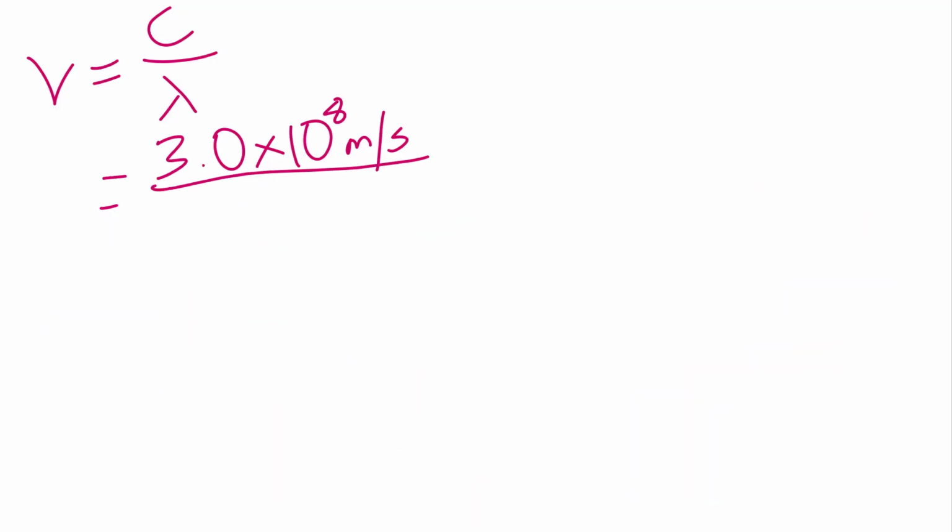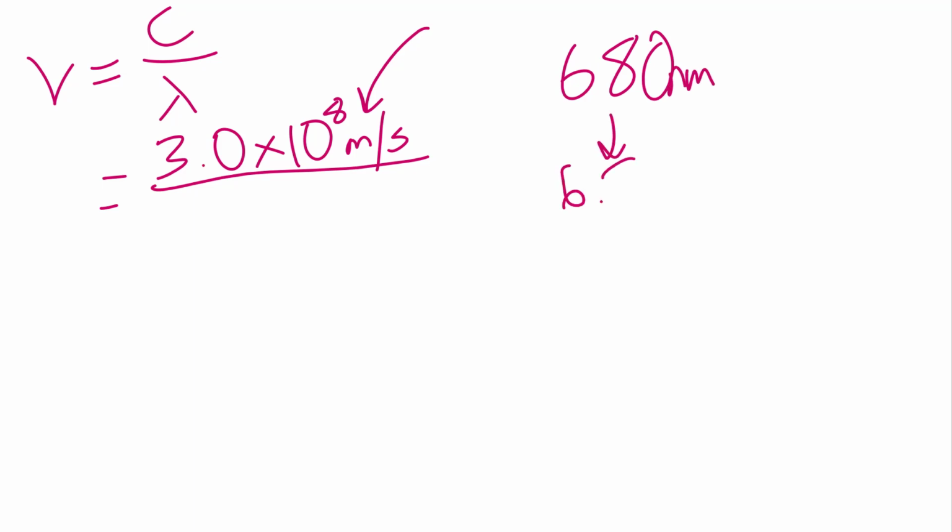Now what we have to do with 680 nanometers is, since this unit is in meters, we have to make sure that the wavelength is also in meters. So we're going to turn 680 nanometers into scientific notation first. And then we're going to multiply times 10 to the negative 9, and that's how you go from nanometers to meters.